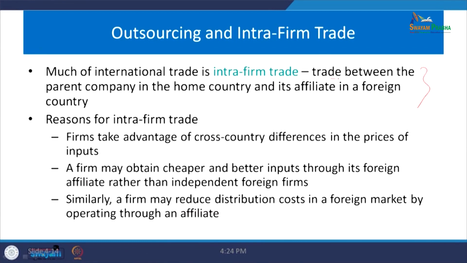So, in international trade discussion, we have observed that intra-firm trade is very important, and we will also take it forward in detail. It means trade between the parent company in the home country and its affiliate in a foreign country, attached with huge forms of intra-firm trade, which means firms take advantage of cross-country differences in the price of inputs and quality of inputs, and accordingly they can minimize their cost.